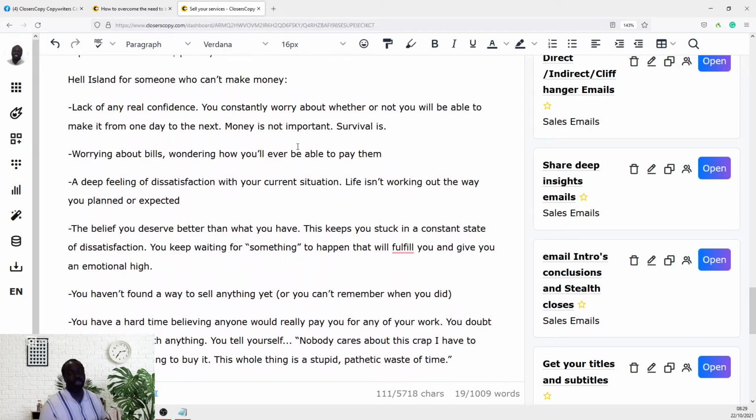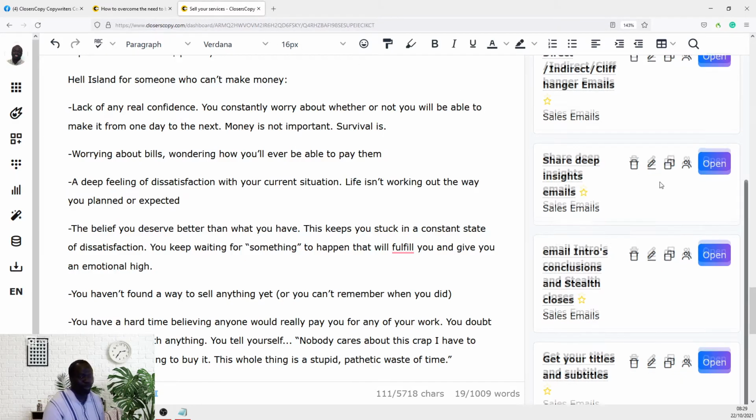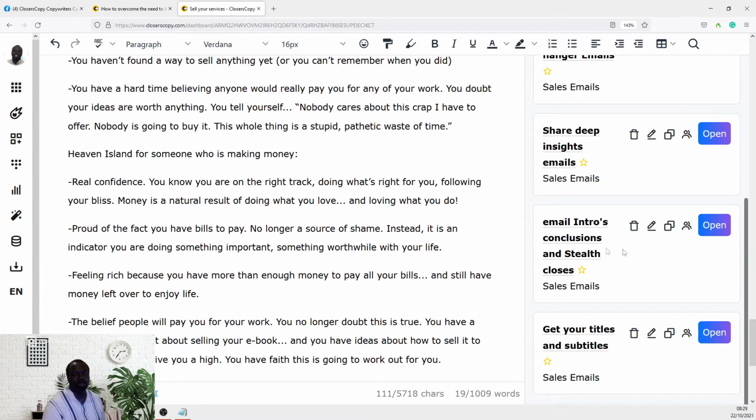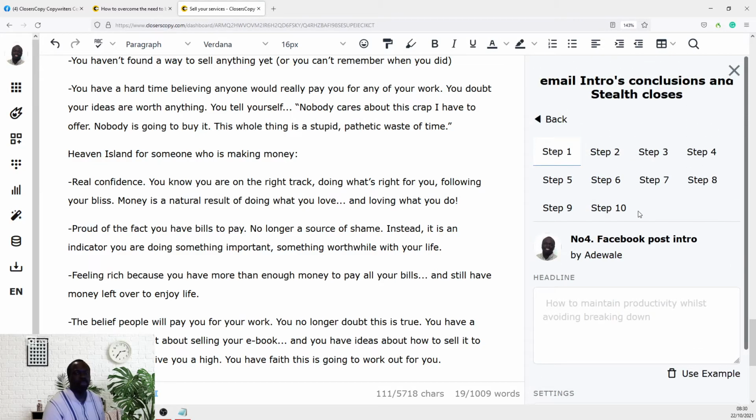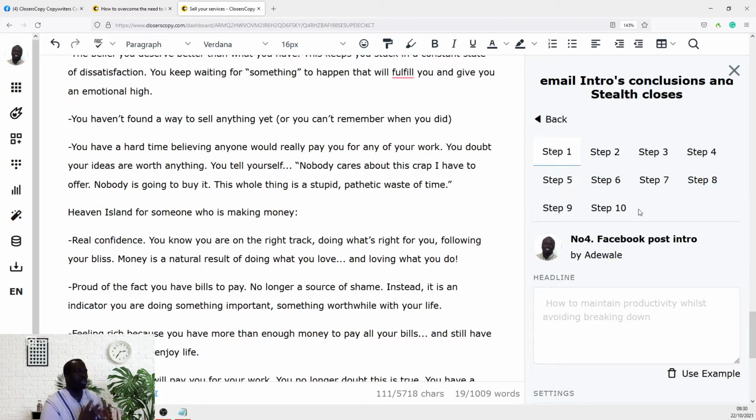You can put them into the emails and just keep on writing emails non-stop. Just because sometimes the introductions and conclusions that ClosestCopy gives you with those email frameworks are maybe not up to par, it might be helpful to create your own introductions and conclusions.